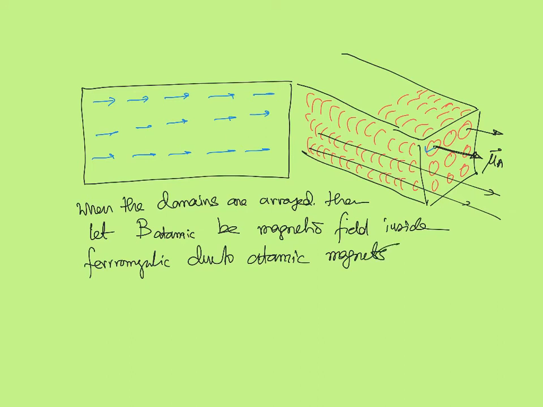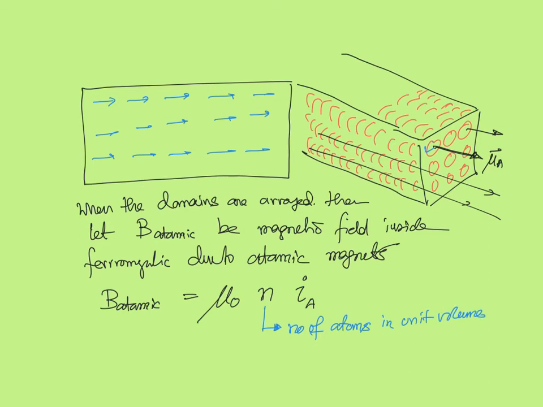Now, B atomic is equal to how much? It's mu 0 n into I atomic. What is n? n is the number of atoms per unit volume, or the number of turns. So turns is atoms, right? Each turn is an atom. Number of atoms in unit volume.